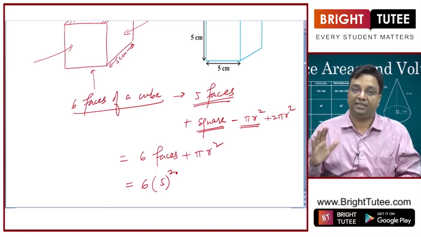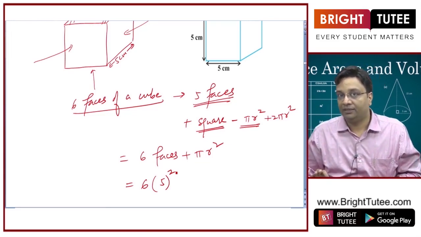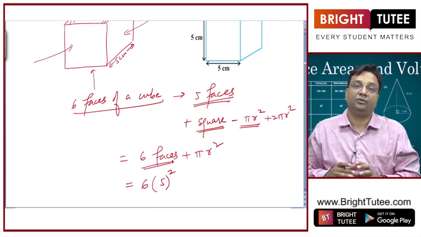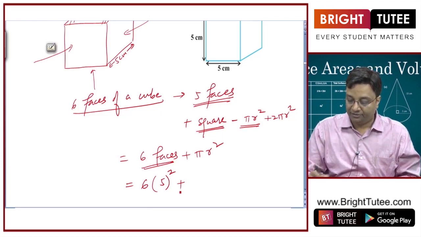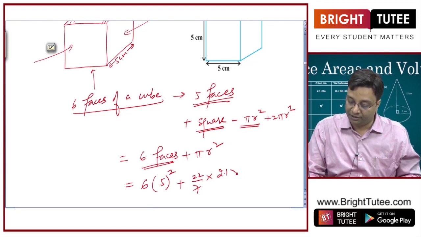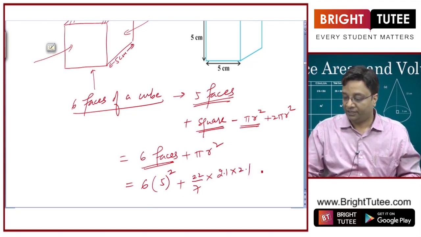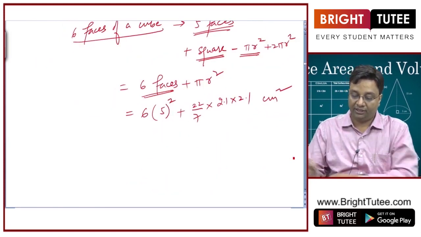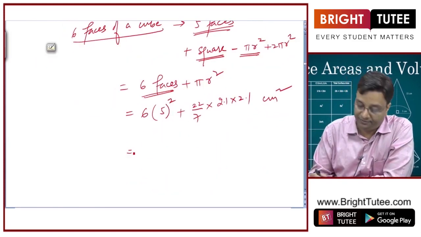So each face has the area 5 squared and you have 6 such faces. So 6 into 5 square is the surface area of the cube. Then you add 22 by 7 r square. What is r? 2.1. So into 2.1 and the unit will be centimeter square. So this is the total surface area of the new solid.